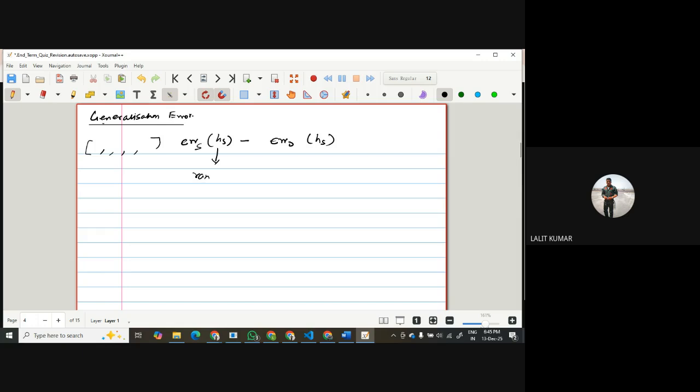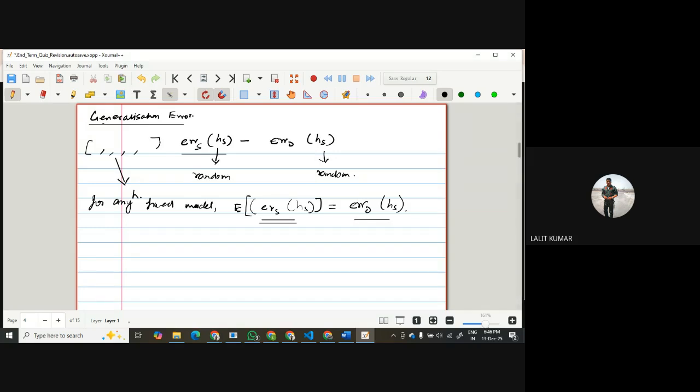So this is random and this is also random. But for any fixed model, if I fix a model h, then the expectation of error_S(h_S) is equal to error_D(h_S).